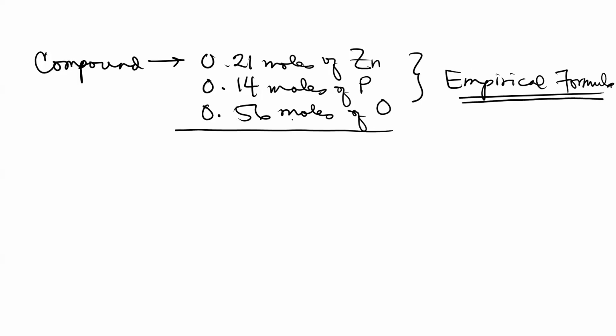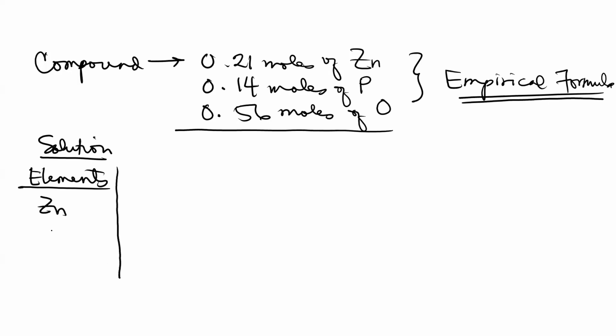So how do we solve this particular problem? So our solution would begin with our knowledge that the subscripts of the elements in a compound are actually the mole ratio of the elements present in the compound. So what we usually do is we make a table of the elements in the first column, and then we write them down.